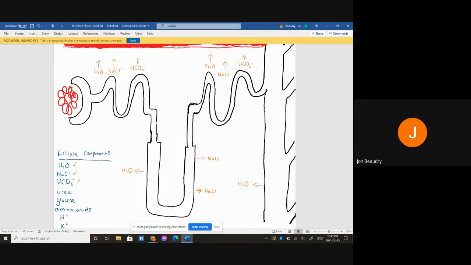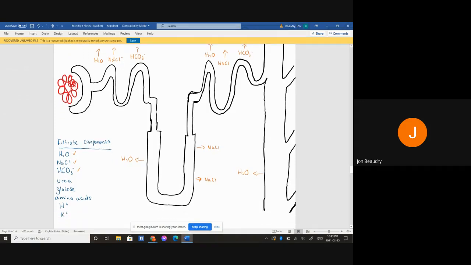Perfect. Okay, now we're going to do urea. Now, urea is getting reabsorbed in my collecting duct. Oh, you know what? We actually missed one more area for sodium chloride as well.